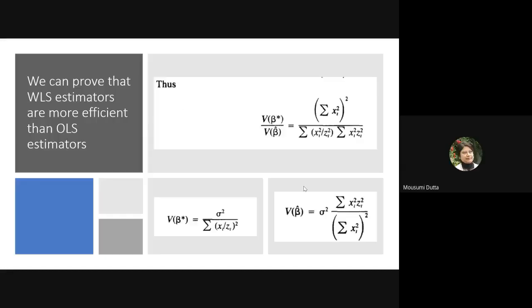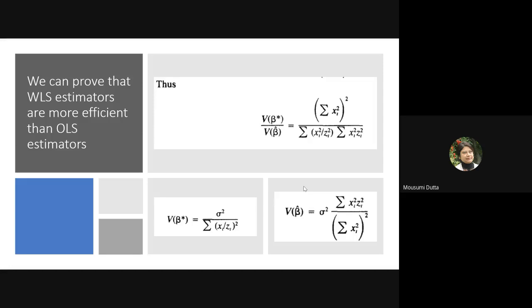Okay, so if you understand this matter, in the next step, we will calculate variance of beta star by variance of beta hat. We can prove that WLS estimators are more efficient than OLS estimators. To prove this, we are considering the ratio between variance of beta star and variance of beta hat.